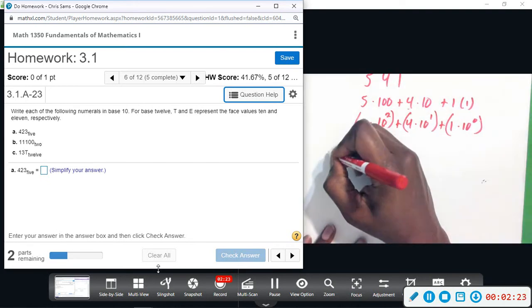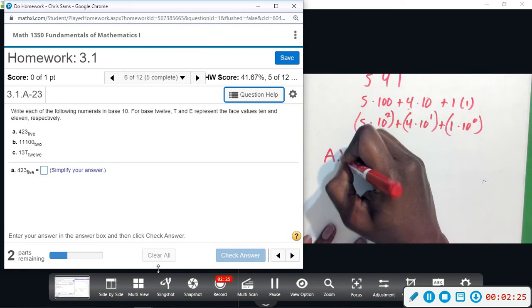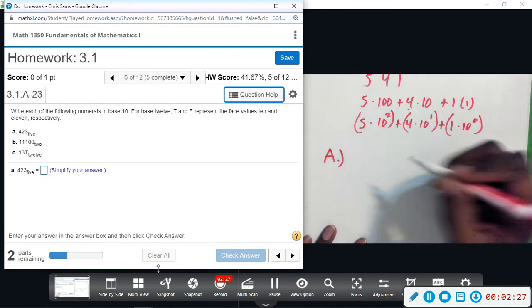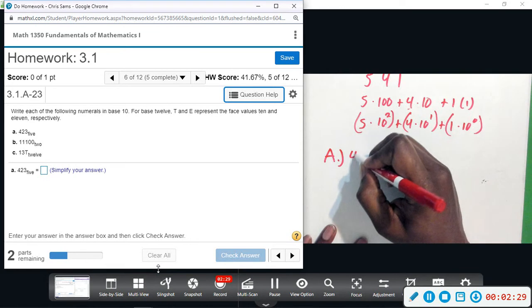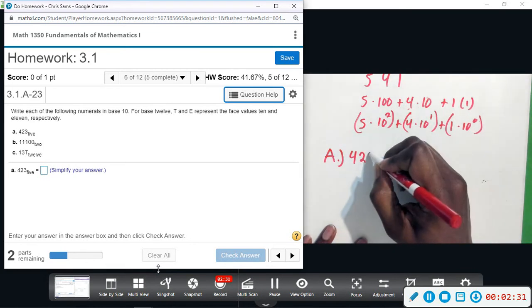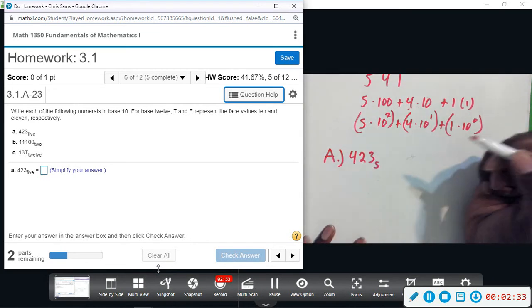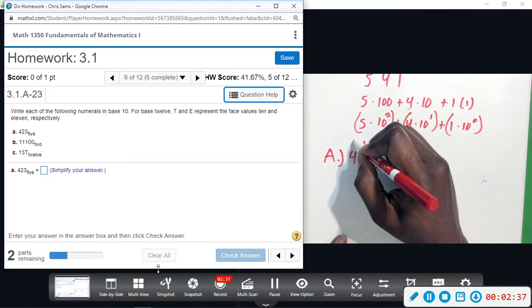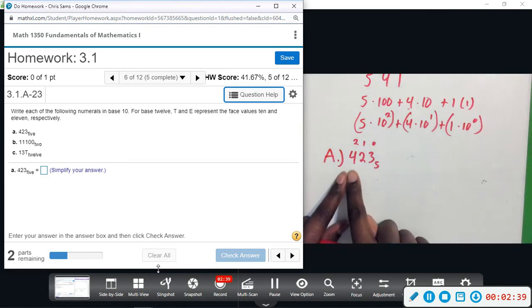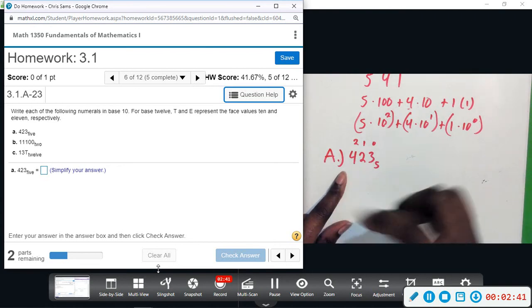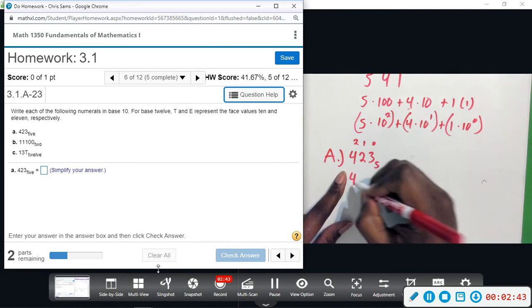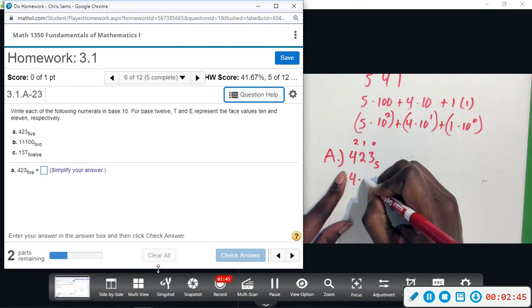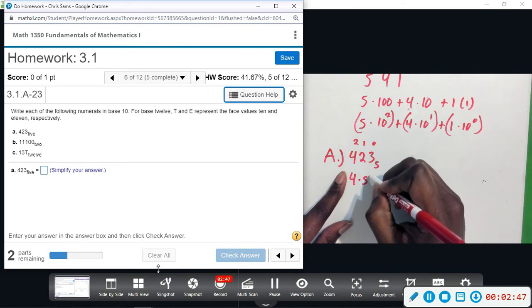So for A, we have 423 base 5. Okay, so I'm going to say 0, 1, 2. All right, so I'm going to write this in expanded form. It's going to be 4 times, since it's base 5, 5 squared.